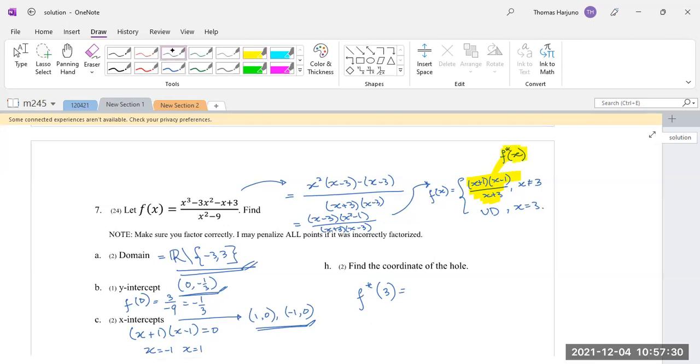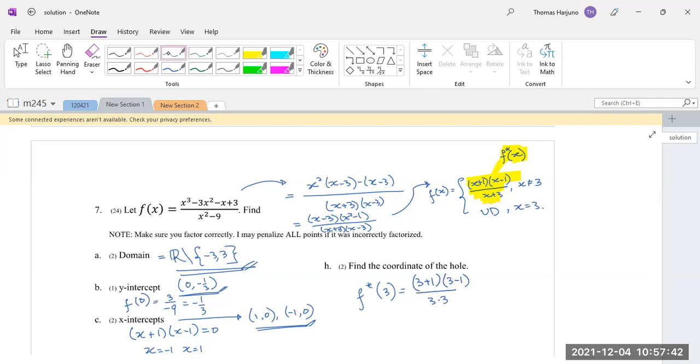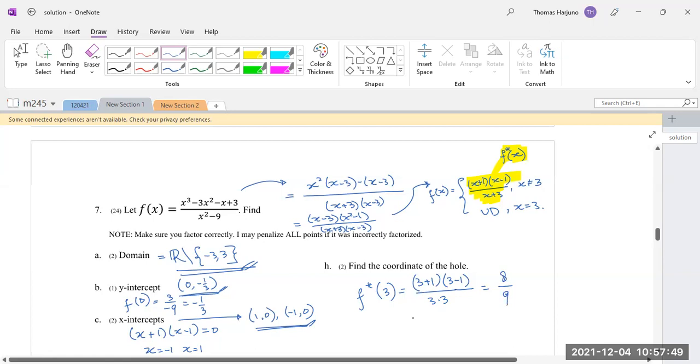Now plug x equals 3 into that f star. So 3 plus 1 times 3 minus 1 over 3 plus 3. That is 4 times 2, that's 8 over 9. So the coordinate of the hole will be (3, 8/9).